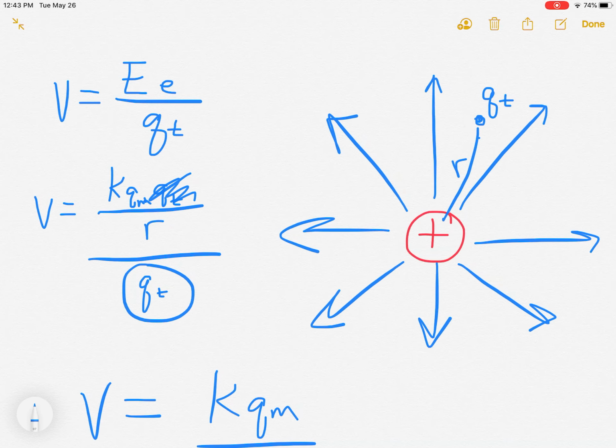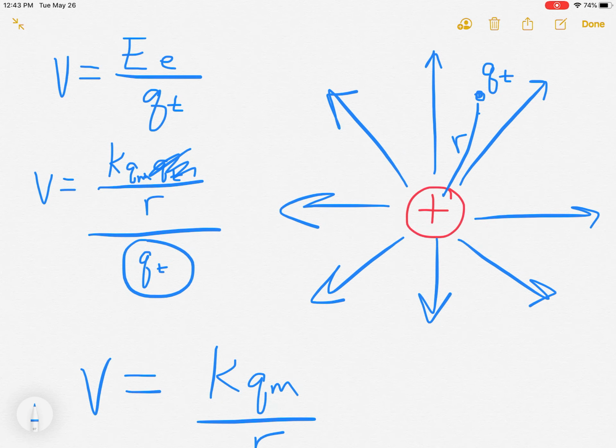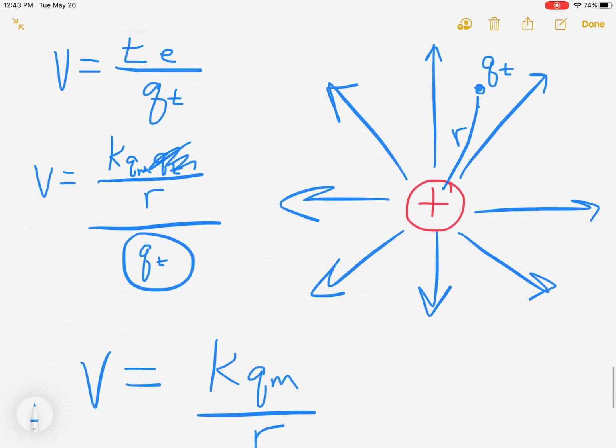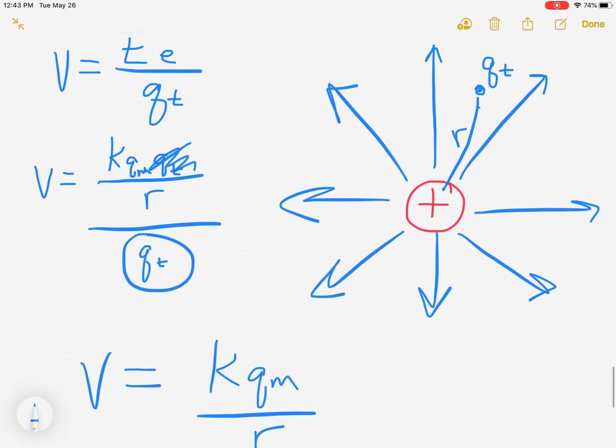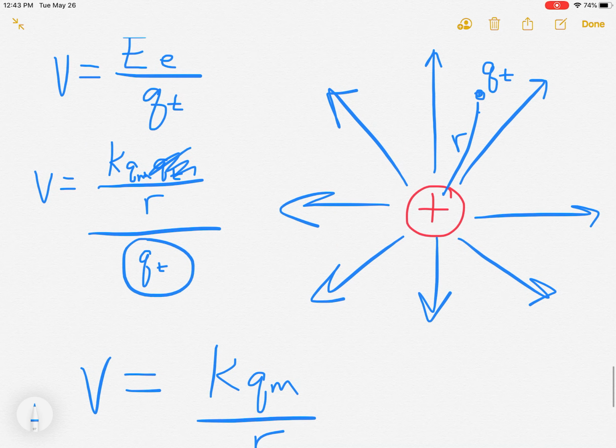And so what that means is R is how far away it is. And all we have to know is what the master charge is, the red charge. If I knew that, I could figure out the joules per coulomb at that particular spot, and I would be able to multiply it by any other amount of charge to figure out what was going to happen there.